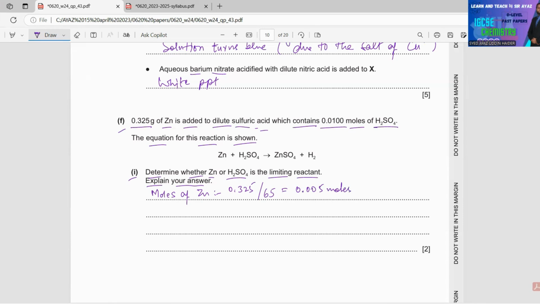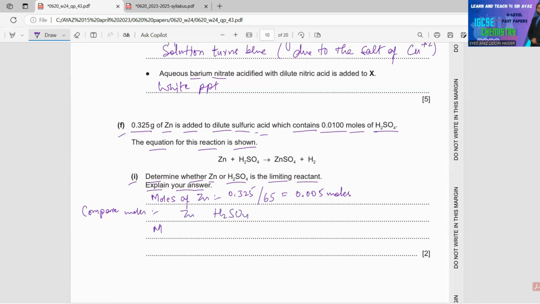Now compare moles. We are almost there. See here, Zn and H2SO4. What's the relation? Moles 1 reacting with 1. So 0.005 moles of Zn reacts with X, so it will definitely become 0.005 moles of H2SO4.